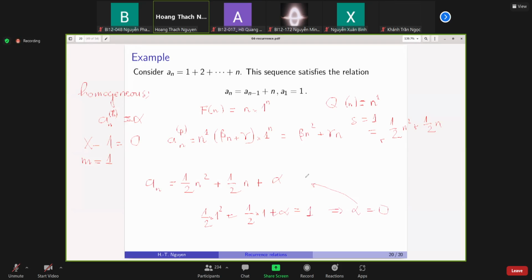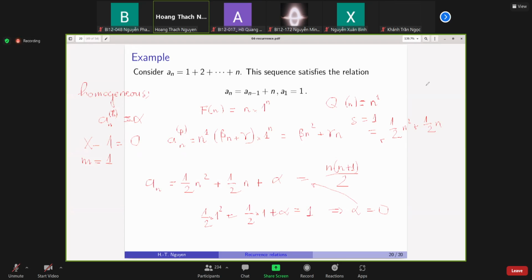Then we plug back to here, and we find the familiar formula for the sequence. Okay, and now you can apply this method to find similar formulas for similar sequences.